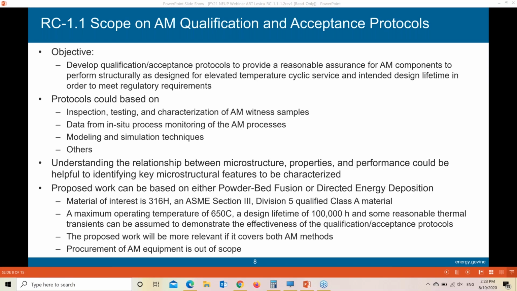The qualification and acceptance protocols will allow us to have reasonable assurance that the components put into service can withstand that type of operational transients. All those structural failure modes are critical to the function of advanced reactors.